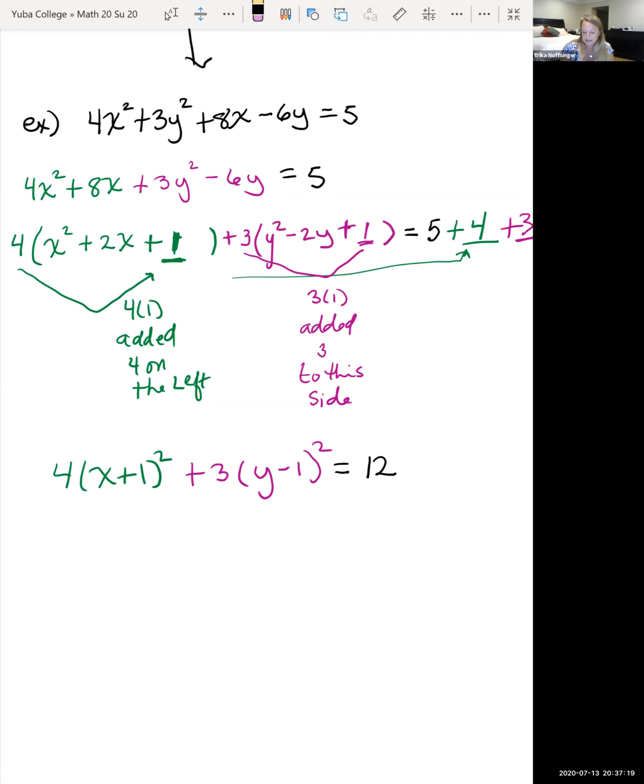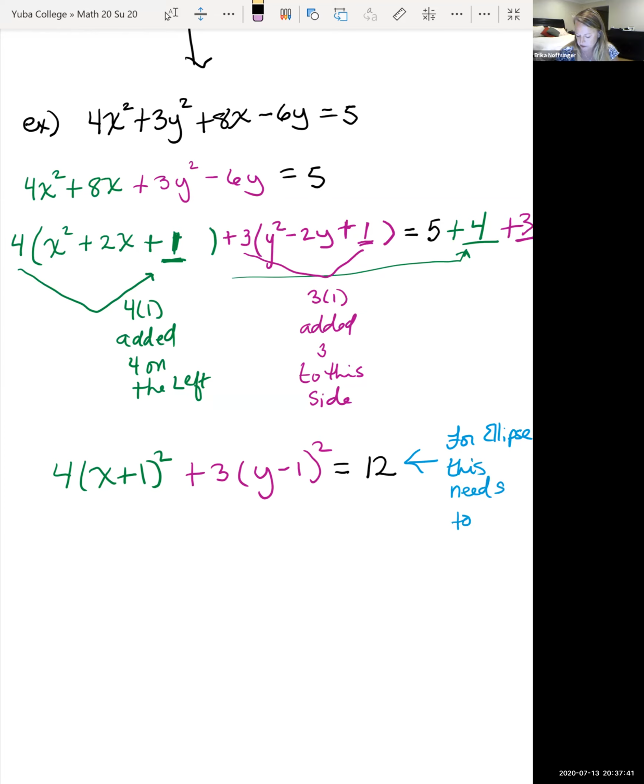Okay, but this case, we need to set this equal to 1. For ellipse. See that that's also true for hyperbola. This is always going to be equal to 1. So for ellipse, this needs to be 1.